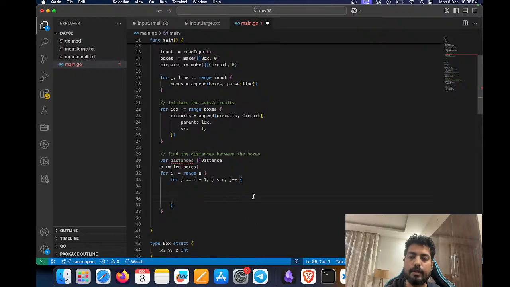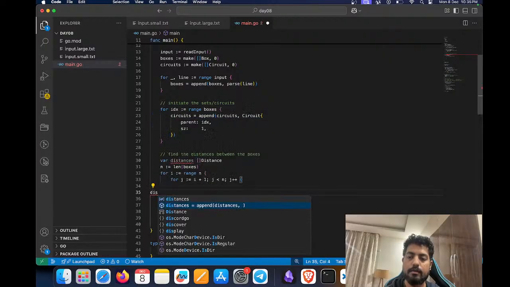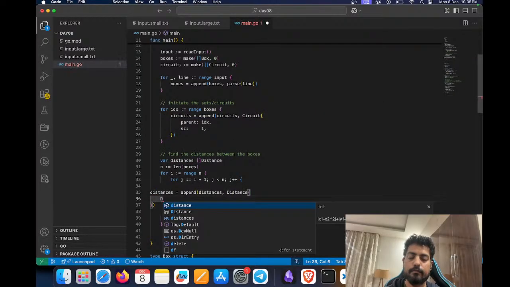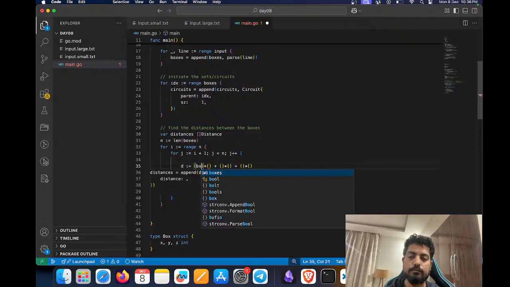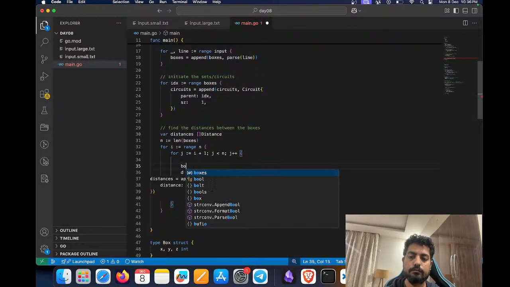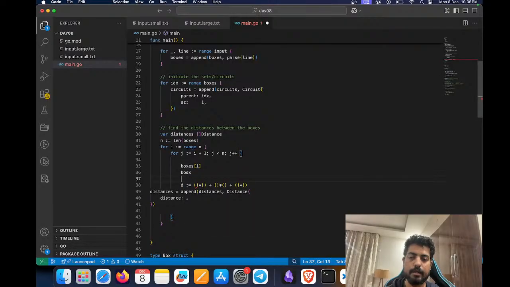Yes, so what is the distance here? It's actually d, and d is actually boxes i and boxes j.